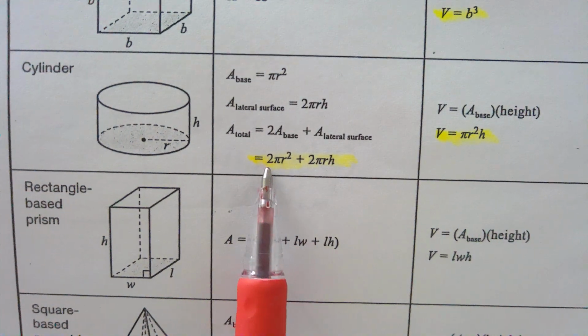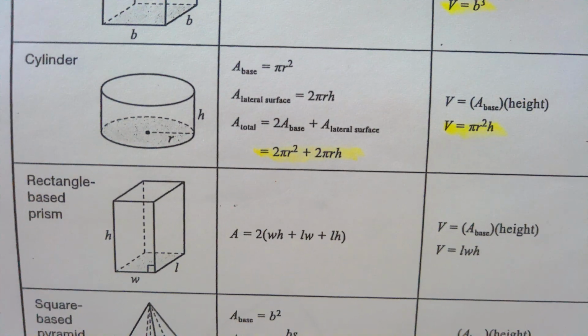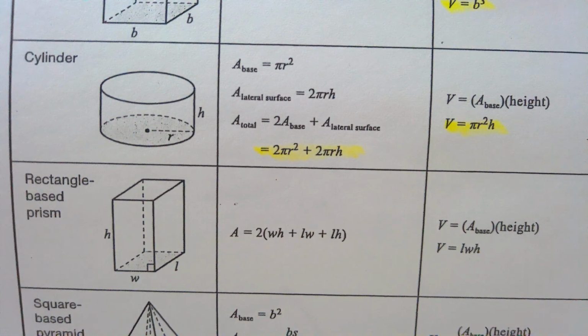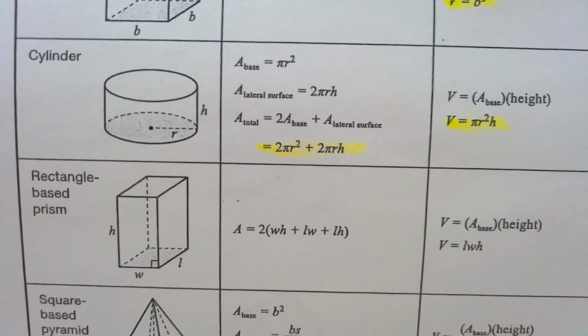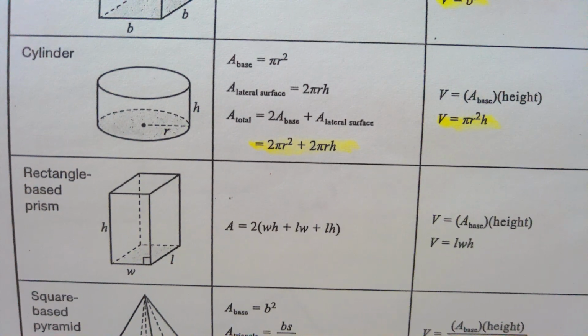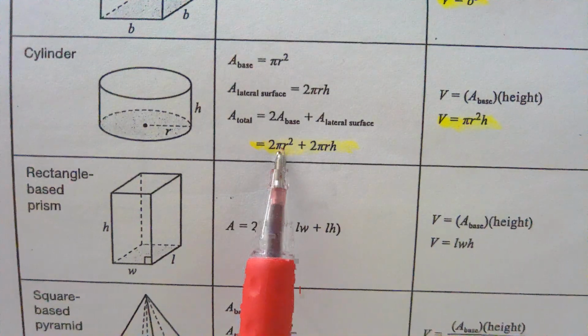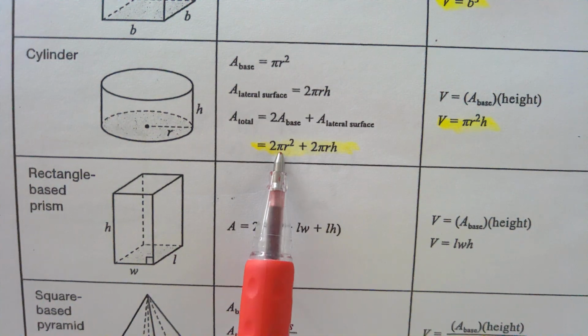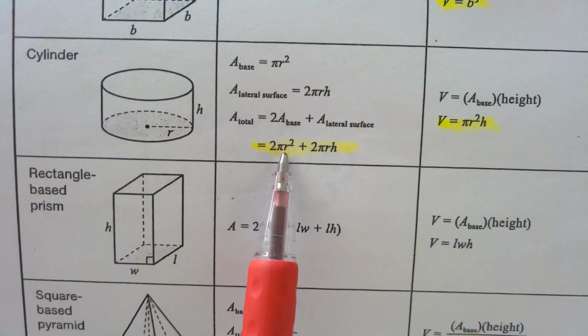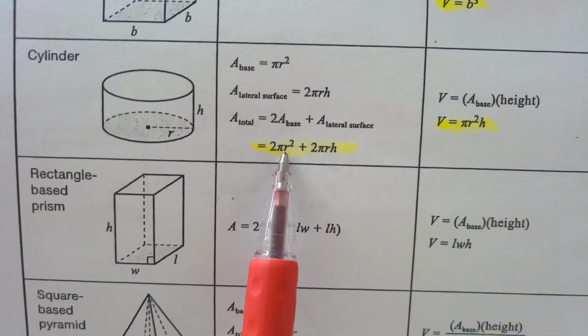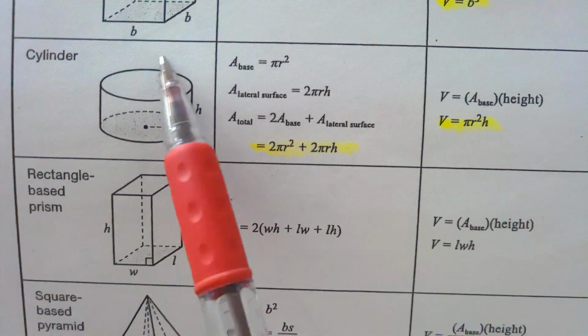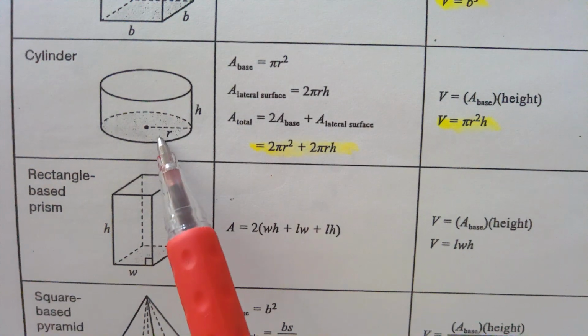Which equals 2 pi r squared plus 2 pi r h. Perfect. Again, pi r squared, as Margaret just said, is the area of a circle. So 2 pi r squared is actually the top and the bottom circles.